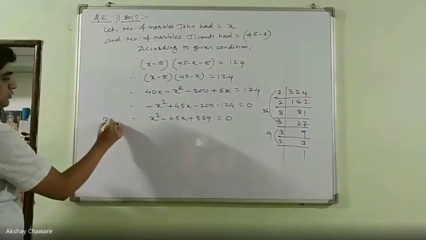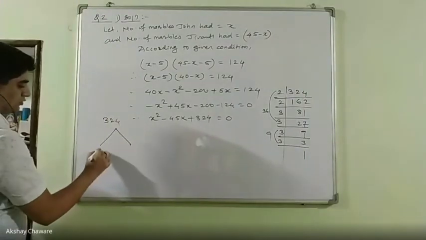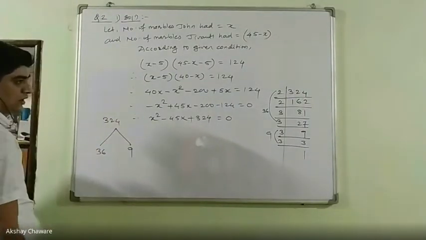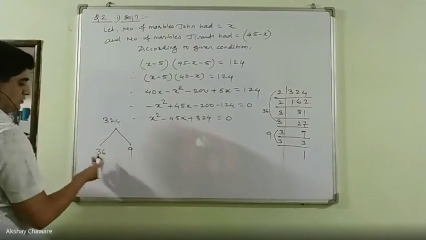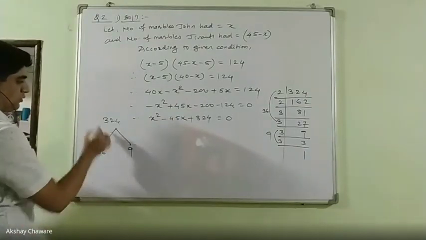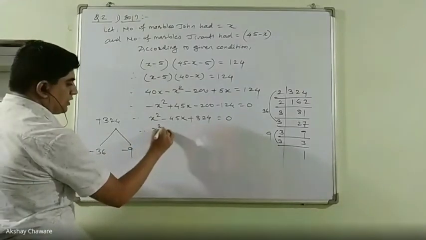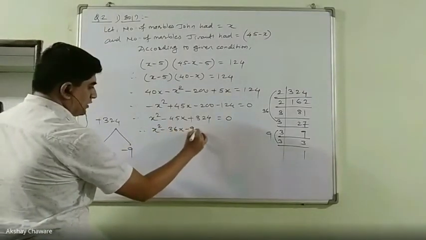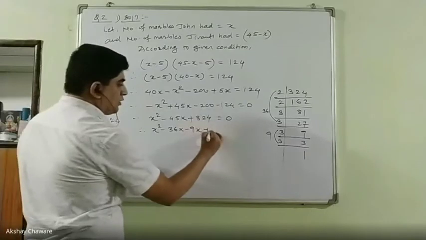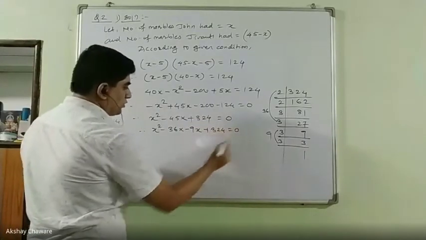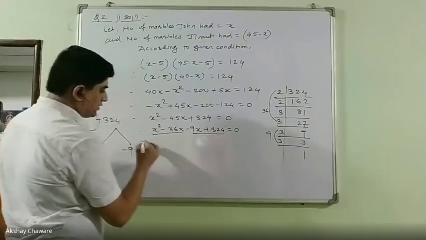So we will split this 324 like this. The two factors are 36 and 9. The middle sign is minus, so the minus sign goes for both, because the product is positive, so both are negative. So our factors will be x square minus 36x minus 9x plus 324, equal to 0. Again two brackets are there.